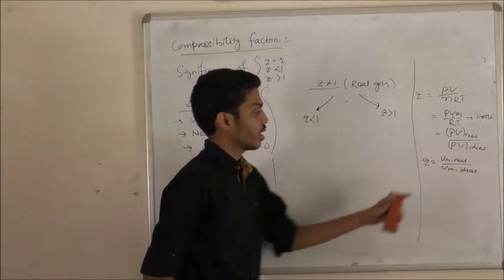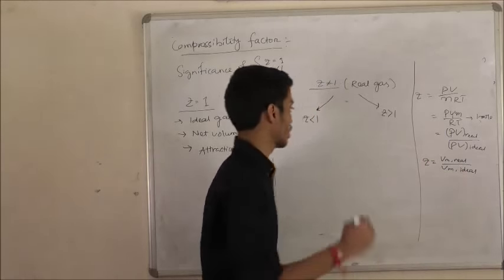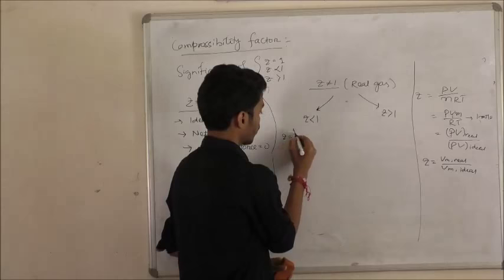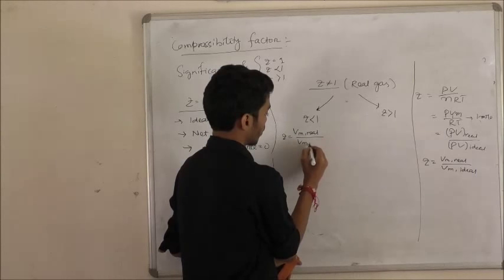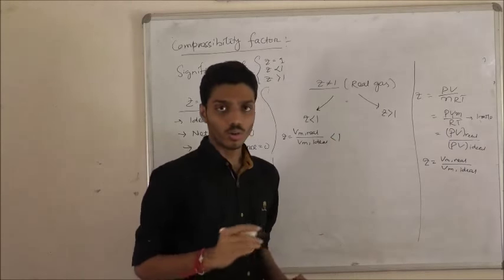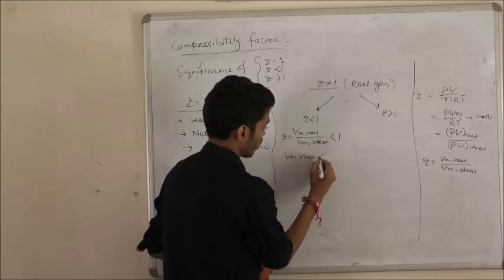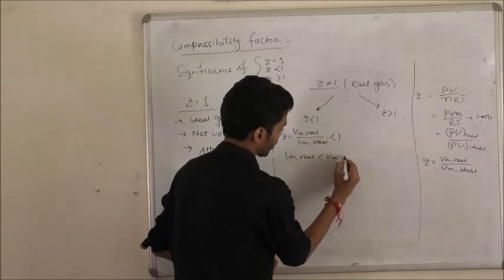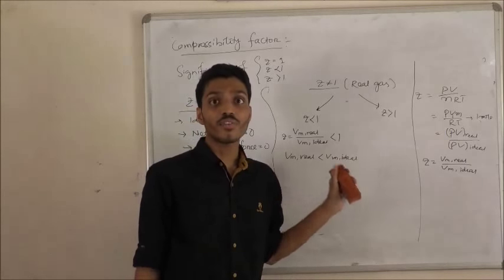Z less than 1: what we write is Z equals Vm real upon Vm ideal, and if it is less than 1, what we found is that Vm real is less than Vm ideal.